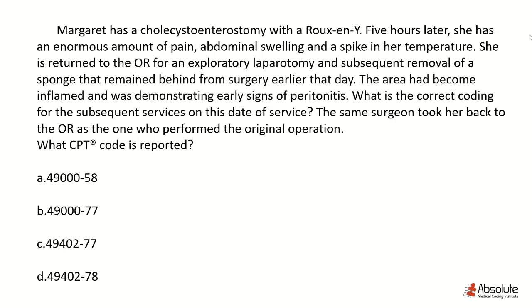She is returned to the OR for an exploratory laparotomy and subsequent removal of a sponge that remained behind from surgery earlier that day. The area had become inflamed and was demonstrating early signs of peritonitis.